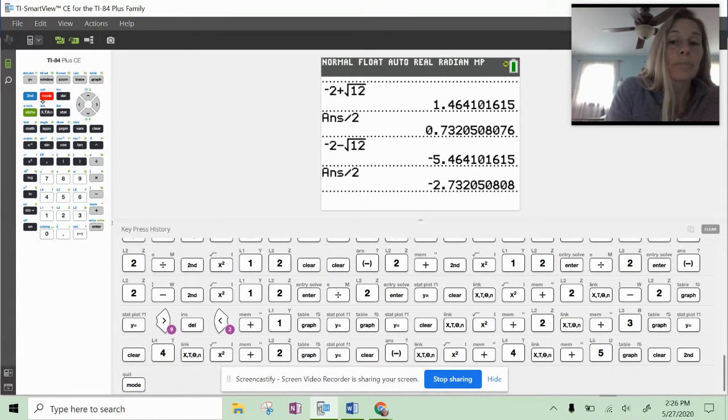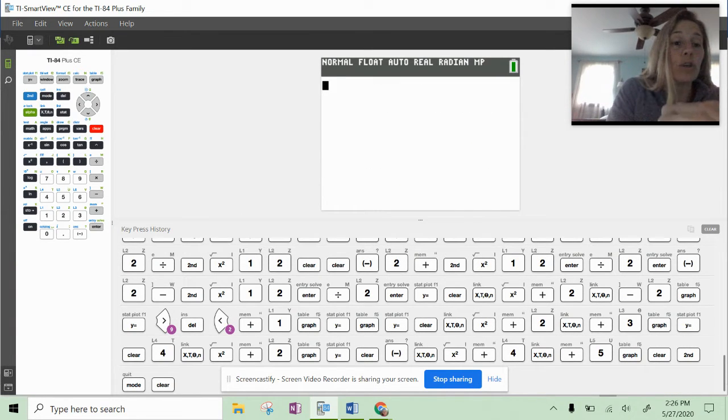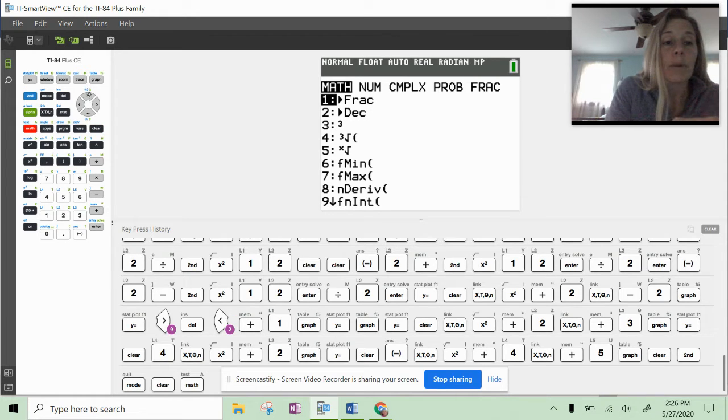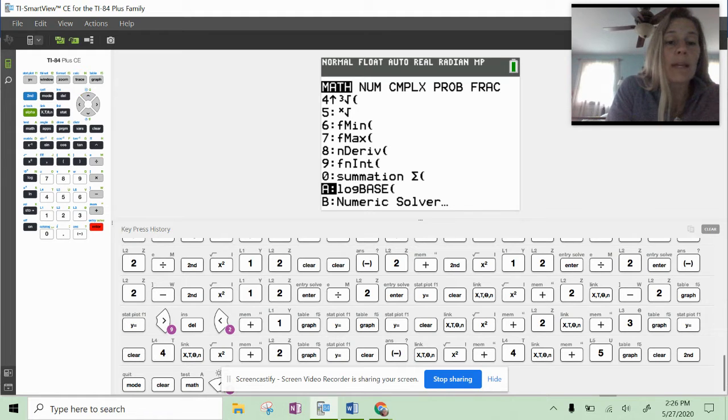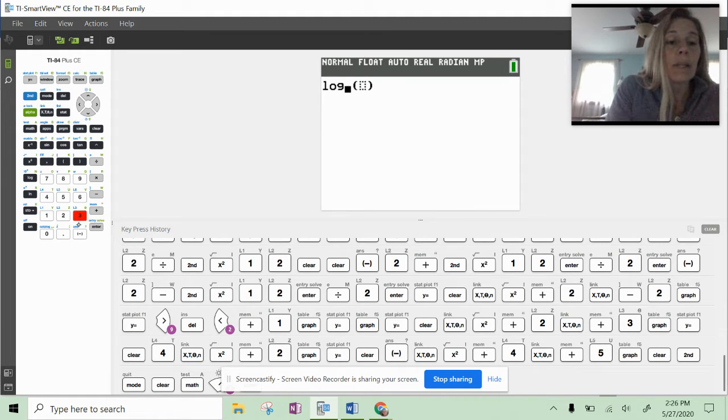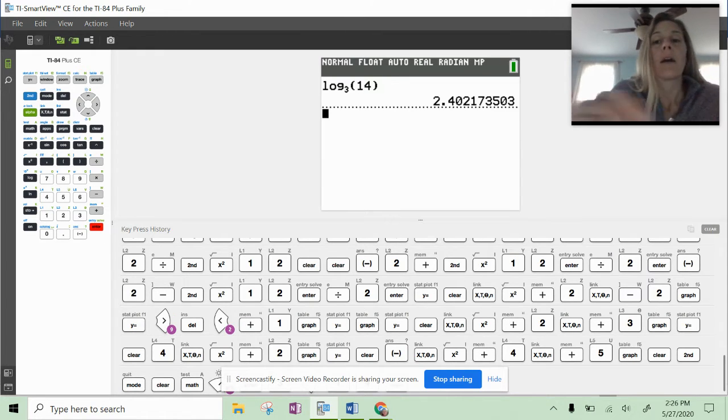Those of you that have the newer calculators, you're just going to go to the math menu. Typically, the quickest way to get there is to arrow up 2 times to get your log base. You're going to type in log base 3 of 14 and hit enter. And there's your answer, 2.402.